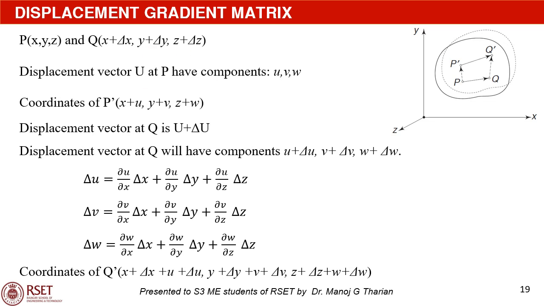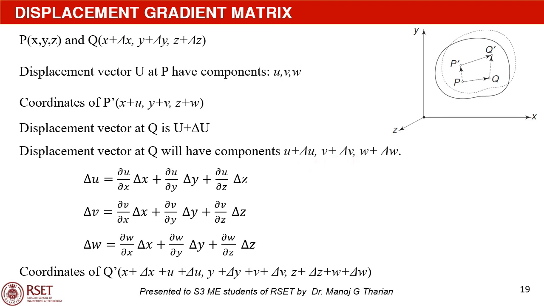The displacement vector at point P be capital U, whose components are small u along the x direction, small v along the y direction, and w along the z direction. Thus, we get the coordinates of point P dash after deformation as x plus u, y plus v, and z plus w. The displacement vector at Q will have components u plus delta u, v plus delta v, and w plus delta w.